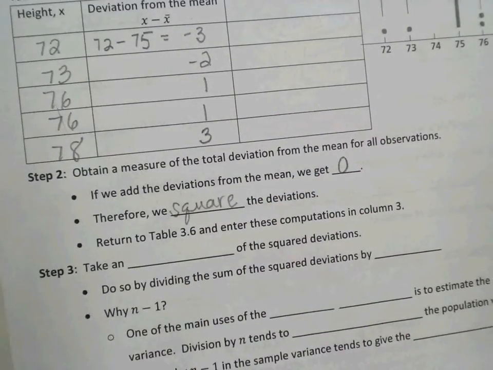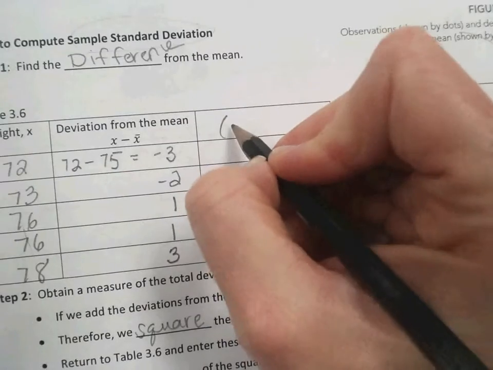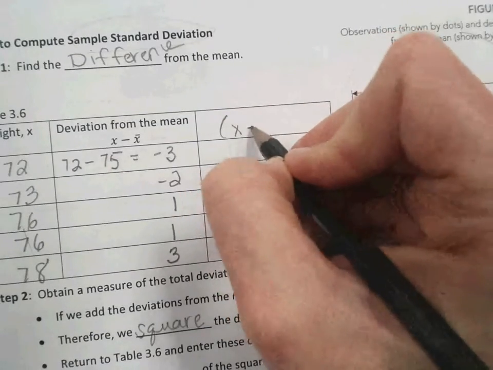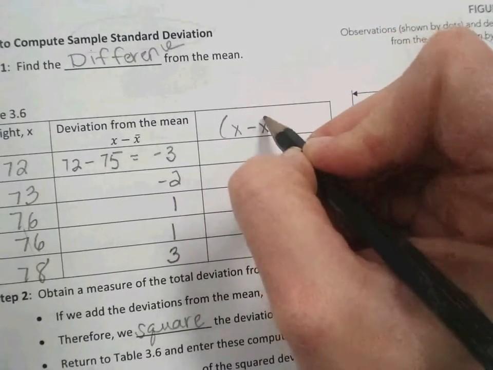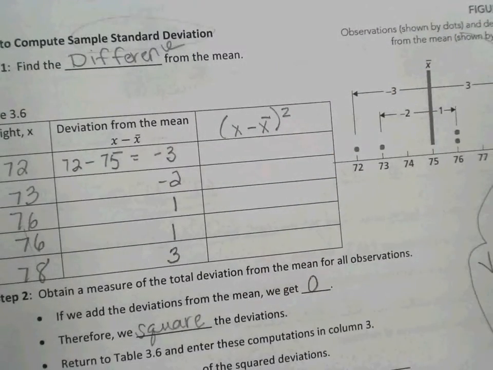Then they'll all end up positive, and we'll actually end up with a number, versus just 0, since 0 divided by anything is 0, and we obviously have some variation in the data, so we want something that gives us a little more information. So we're going to square the deviation. We take the x minus the x bar, which we've already calculated, and square that.